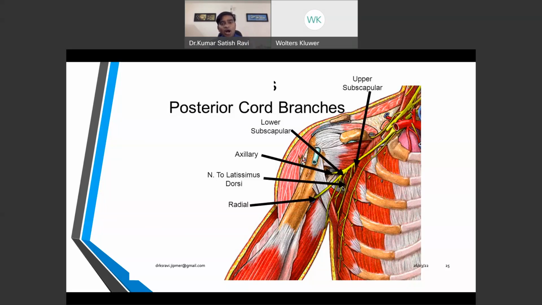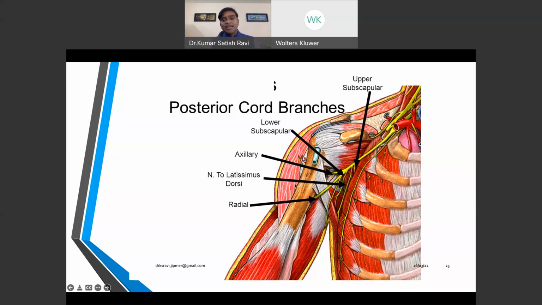Similarly, all the branches from the posterior cord will have root value C5 and C6, except the thoracodorsal nerve and the radial nerve. The thoracodorsal nerve will have root value C6, C7, and C8, whereas the radial nerve will have root value from C5 to T1. So the thoracodorsal nerve will be supplying the latissimus dorsi muscle.